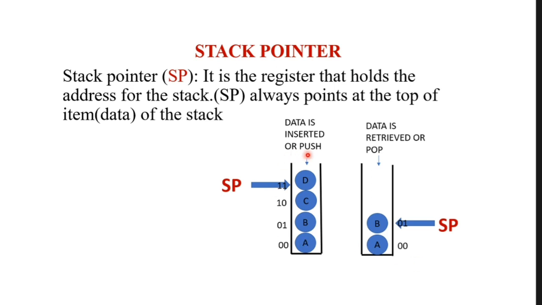In the first example, my last element stored is D, so the stack pointer will point to the memory location where D is stored. In the second example, my last element is B, so the stack pointer will point to the memory location where B is stored.